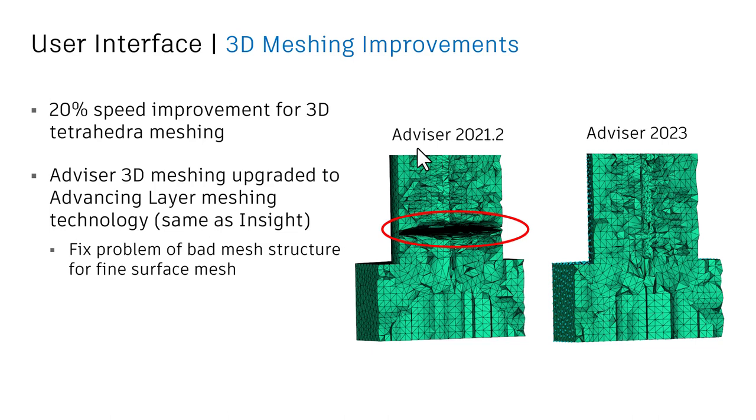And with that comes the announcement for Advisor 2021.2 versus Advisor 2023: we are trying to apply the same meshing algorithm as that used for Insight. So it fixed the problem of the bad mesh structures or the fine surface mesh that was occurring in Advisor 2021, and that gets rectified.